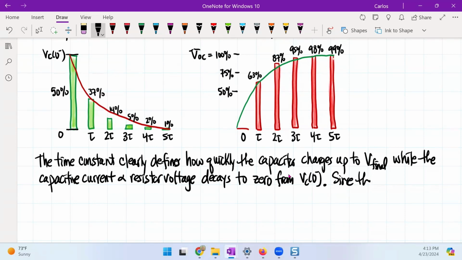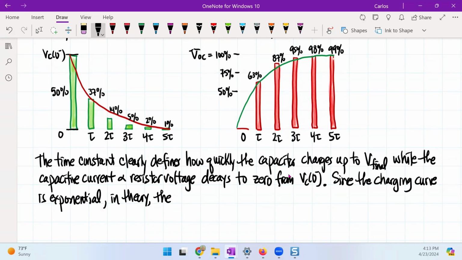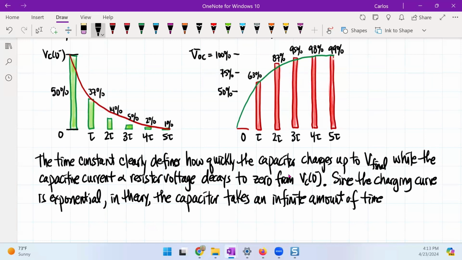Since the charging curve is exponential, in theory, the capacitor takes an infinite amount of time to fully charge up.